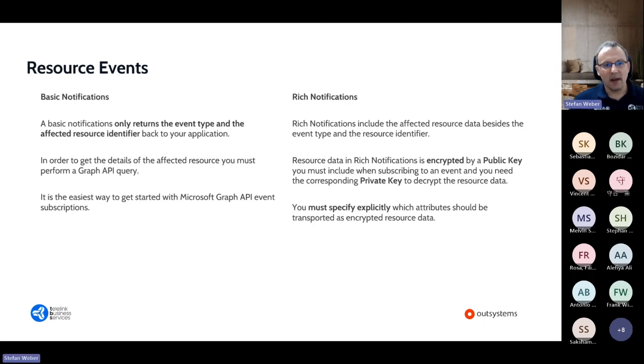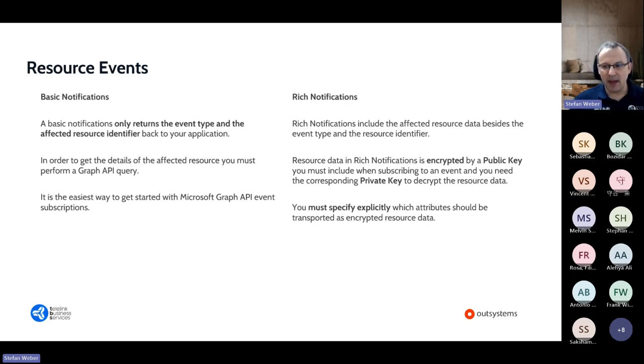When consuming rich notifications, the notification itself does include additional data. So when subscribing to an event, you specify attributes of the resource you want to be a part of the payload. This is then directly sent with a notification, but in an encrypted manner.